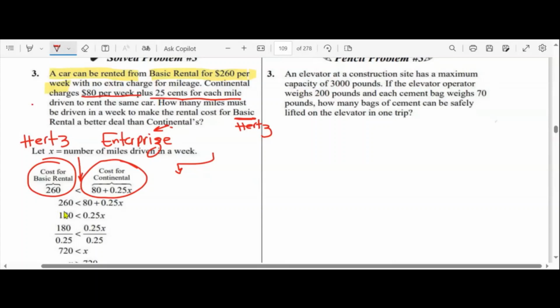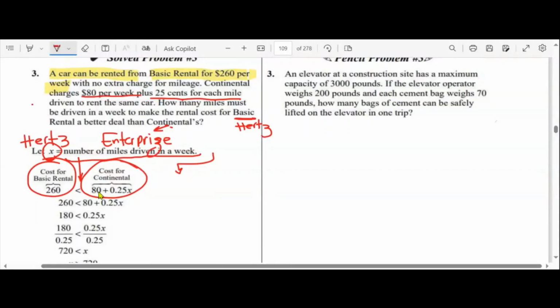So here I have 260 less than what? 80 plus 0.25 per mile. We don't know how many miles you drove. So we say the number of miles is going to be what? x. Is this clear? That's the most important thing. So if you don't know how many miles, you put what? x. So in Enterprise, how much did they charge you?